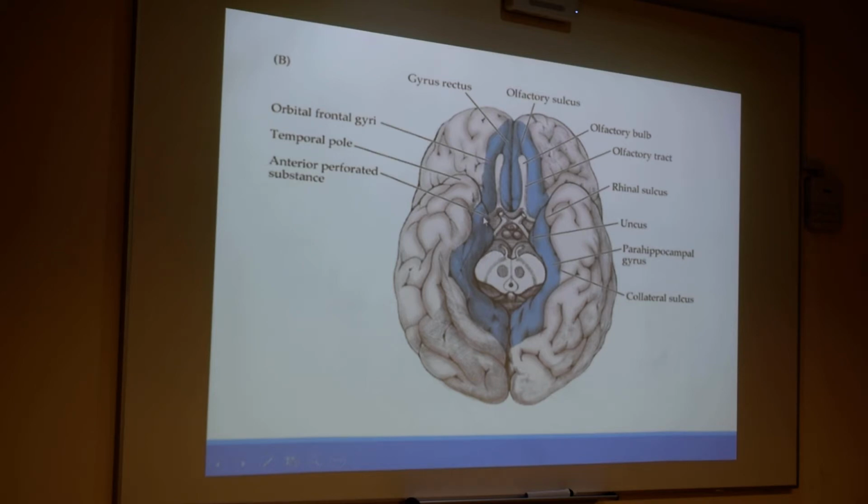If you have the uncus here, and you have the olfactory tract, the olfactory tract goes and gives fibers to the primary olfactory center, right? And then to the secondary. Then some of the fibers will also reach the amygdala. That explains why involvement of this particular lobe gives you an aura-like feeling, like in epileptic seizures. That can explain that they are in connection, or on the loop.